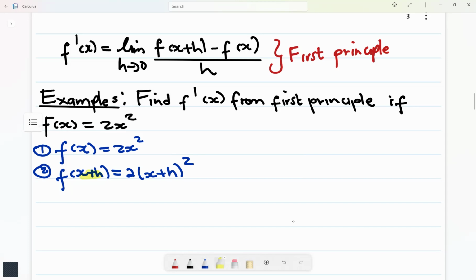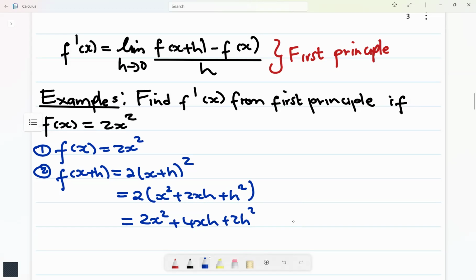This will act now as a new x, but now it is added with h. Then I need to simplify this a little bit further. This is going to be 2 multiplied by, when you simplify this, x squared plus 2xh plus h squared, which is equal to 2x squared plus 4xh plus 2h squared.